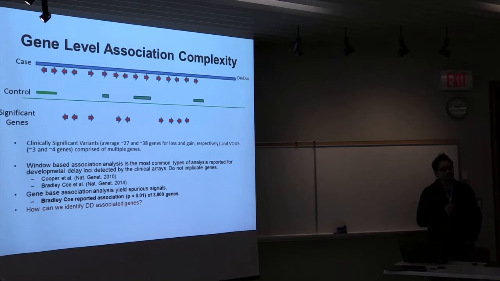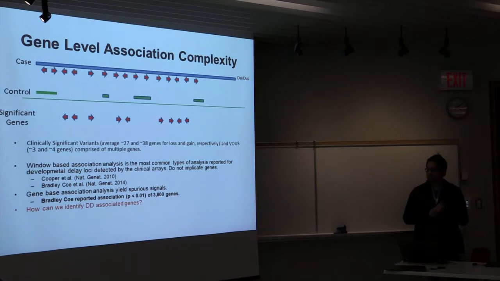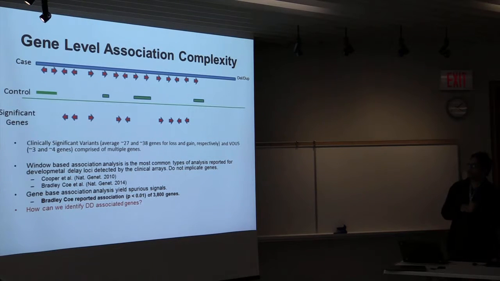Initially, anybody will think, oh, you have case-control data, why don't you do a case-control association study? Well, you can do it, of course, but the problem is the control variants are few for the clinically significant variants. Even if you do gene-level association, you'll end up getting so many genes with high p-values.